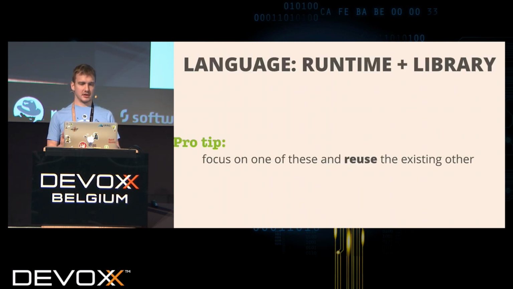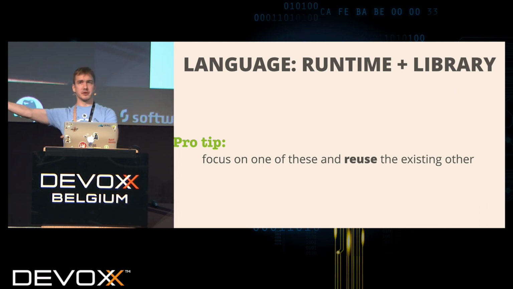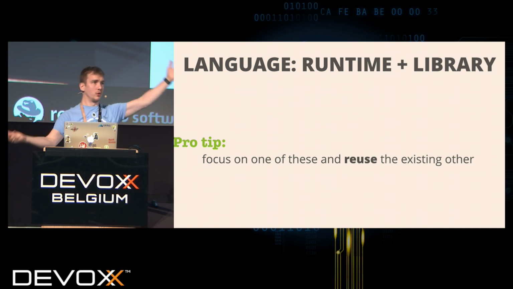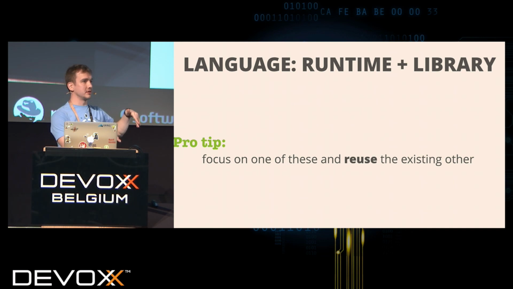And at the end, if you want to create a new language, you have to remember that any language consists of two parts, very loosely defined. It's a runtime system, and it's a library or the ecosystem. To have a successful language, you have to have both. And if you are interested in one part of that, you would largely want to reuse the whole knowledge and the whole effort that was put into the other one.